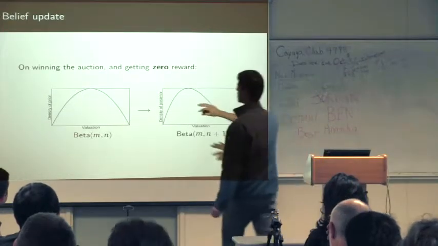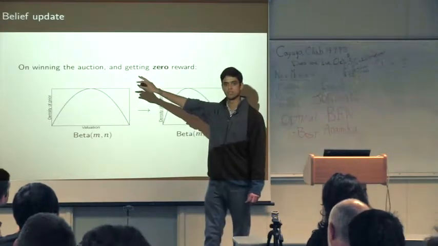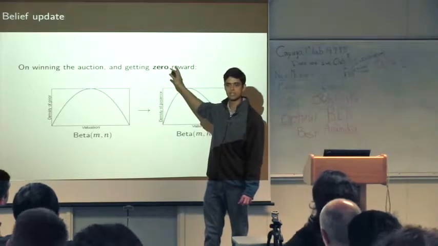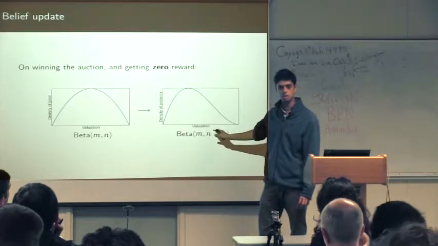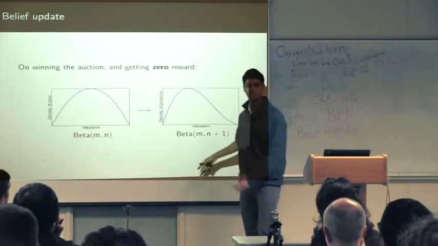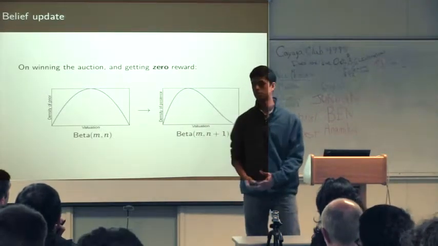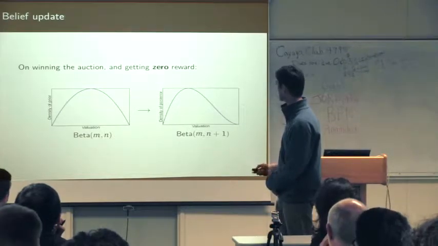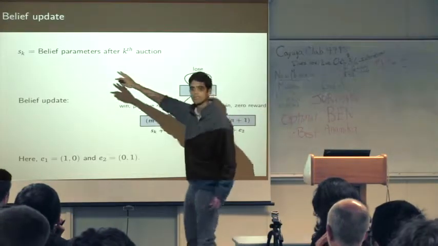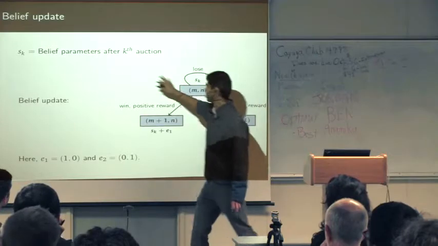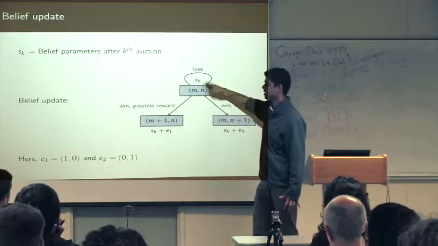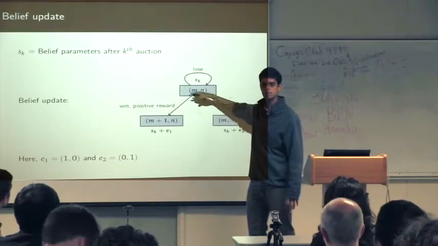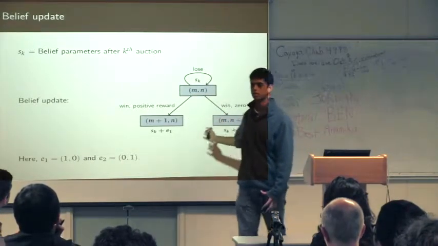The next scenario is where the agent wins the auction, but there is no conversion happening. In this case, you can represent the posterior by where the second parameter increases by 1. If we let Sk denote the belief parameters after the kth auction, then the belief undergoes this transition diagram, where depending on what event takes place, the belief parameters update.